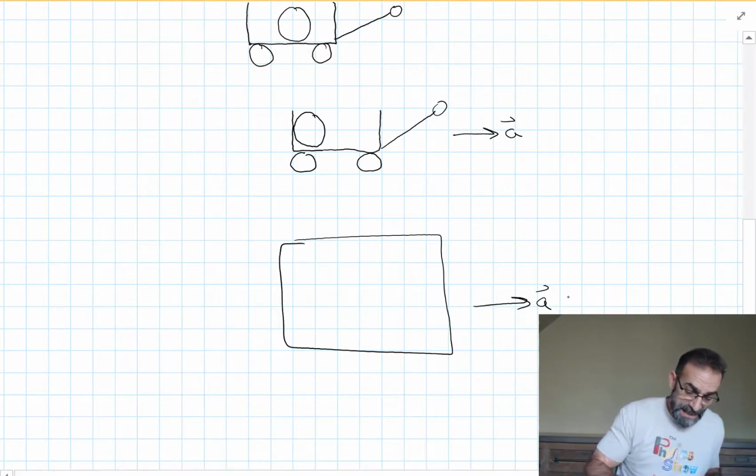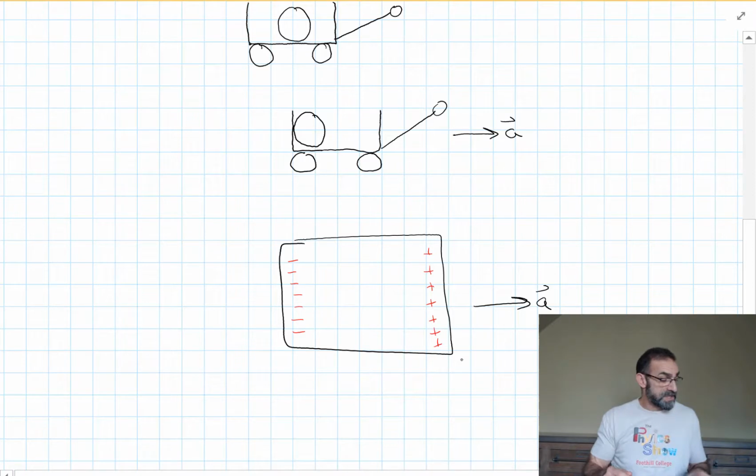And what we see is negative charges that build up at the back of the wagon, leaving positive charges behind at the front of the wagon. Not the wagon, the metal conductor.